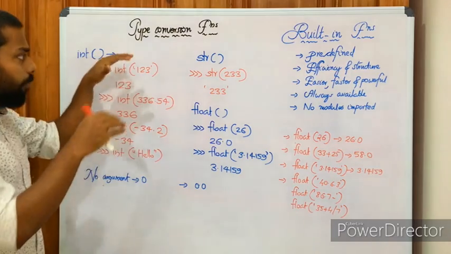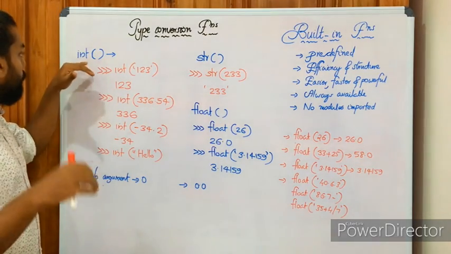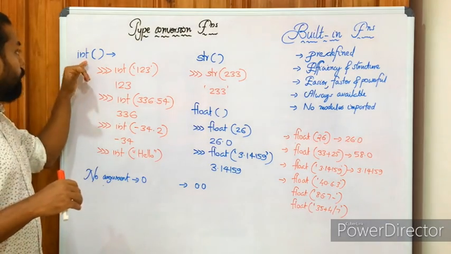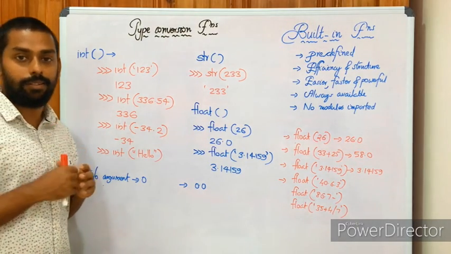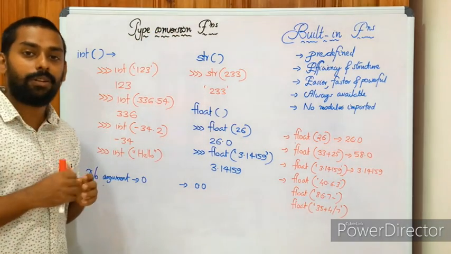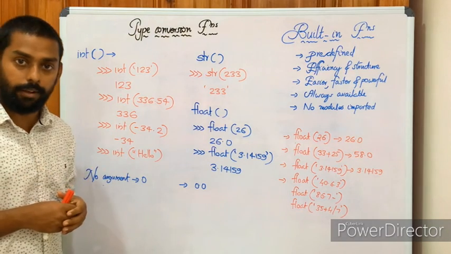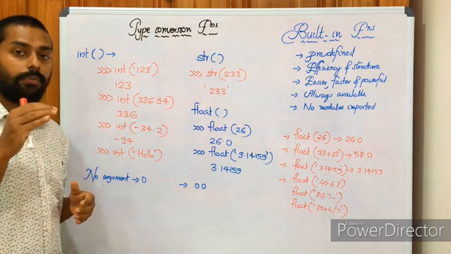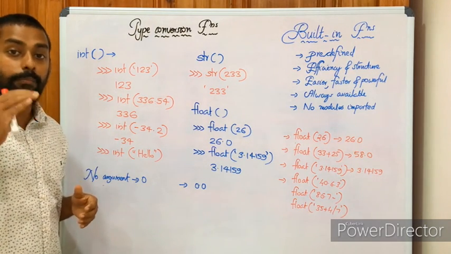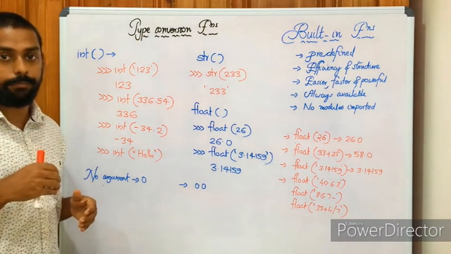We have already seen these functions in our plus one classes. Anyway, we can look at them one more time. First, int. We are looking at type conversion functions, which are built-in functions used to convert one data type to another type.